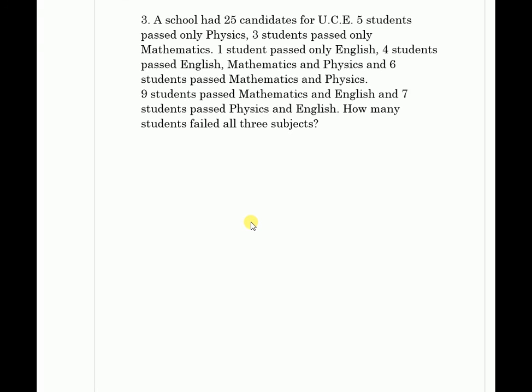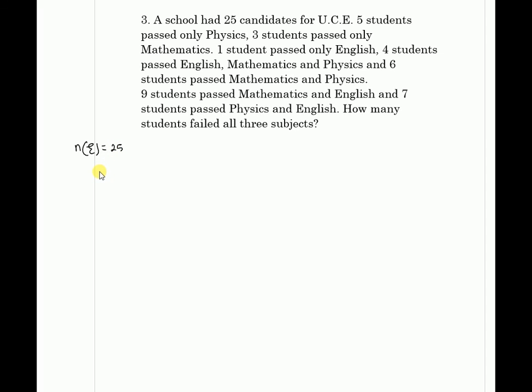For this particular number, let me give some analysis, because there are cases where you may need to make some analysis before you draw the Venn diagram. I'm just trying to put it so that you can learn how to analyze the information given. The universal set contains 25.